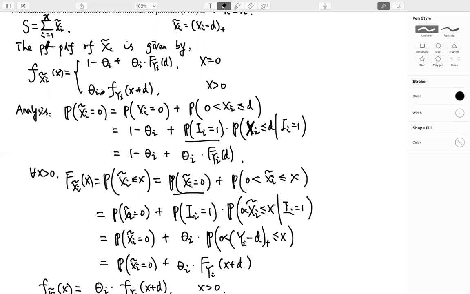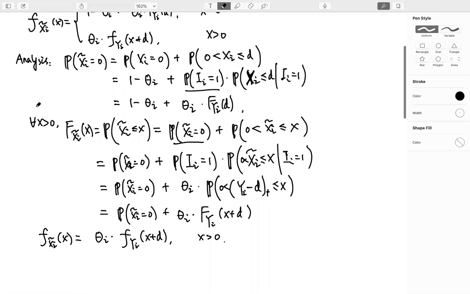And when my capitalized I is 1, meaning something happened, and the size after modification is x, that means the size before modification is x plus d, because the modification is minus the deductible, taking the positive part. Something already happened, so I know it's bigger than d. Here I want to be at x, so it will be x plus d. That may help you understand, but that's not the rigorous part in mathematics. If you want to show it in mathematics, you should follow what I did.